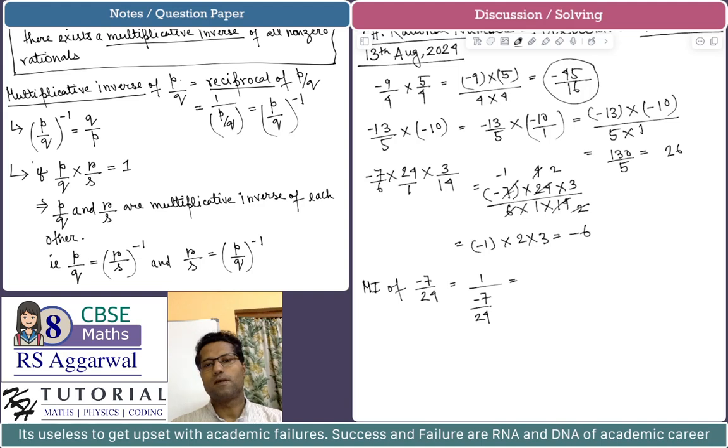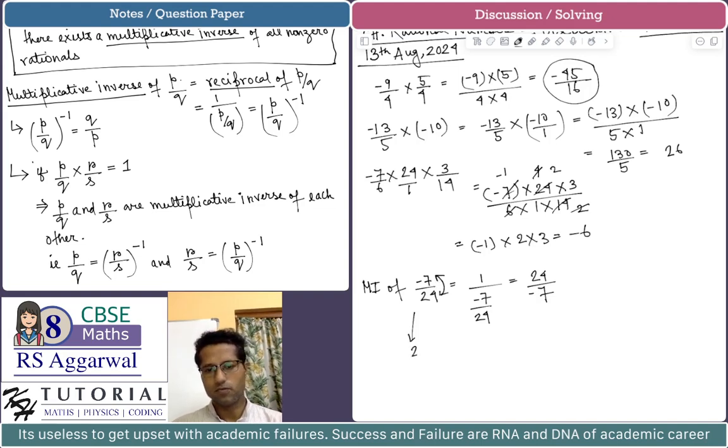Now this is the basic formula, and if you simplify this, it becomes 24 by minus 7. Directly, what you can do is that the multiplicative inverse of any rational number is obtained by just interchanging the numerator and the denominator.